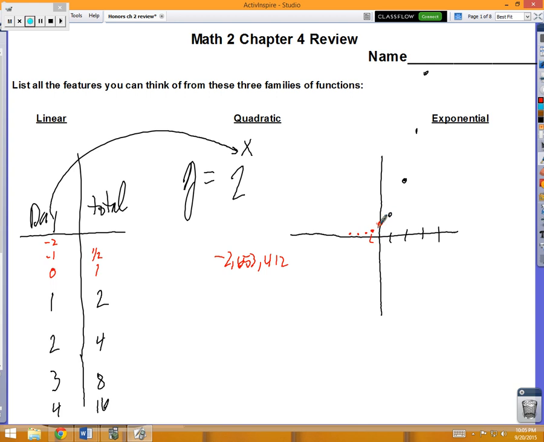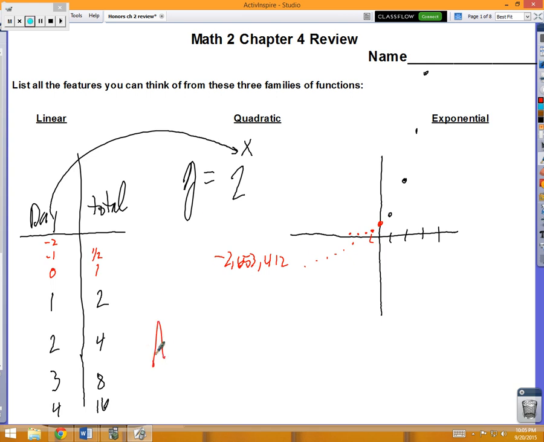As you go to the left, they're getting closer and closer to 0. They will never dip down below here. You're never going to have dots down here, because no matter how many times you cut something in half, you will still have a positive quantity left. You can't cut a cheeseburger in half 1,000,000 times and have a negative amount of cheeseburger.